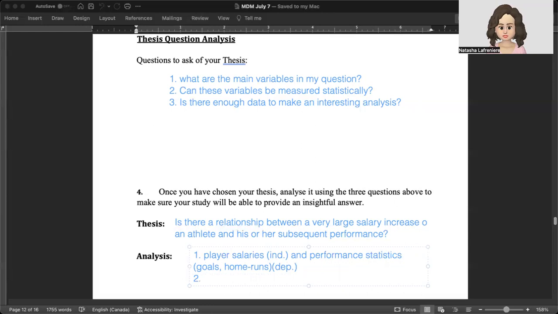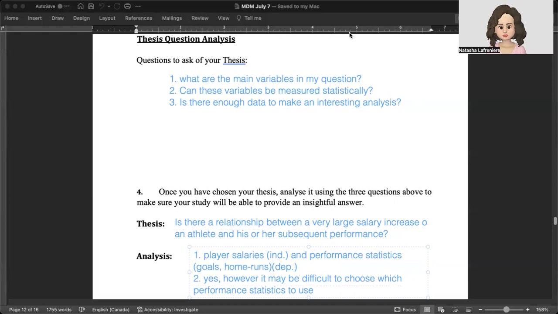Can these variables be measured statistically? So yes, however, it may be difficult to choose which performance statistics to use. So that is one of the issues.